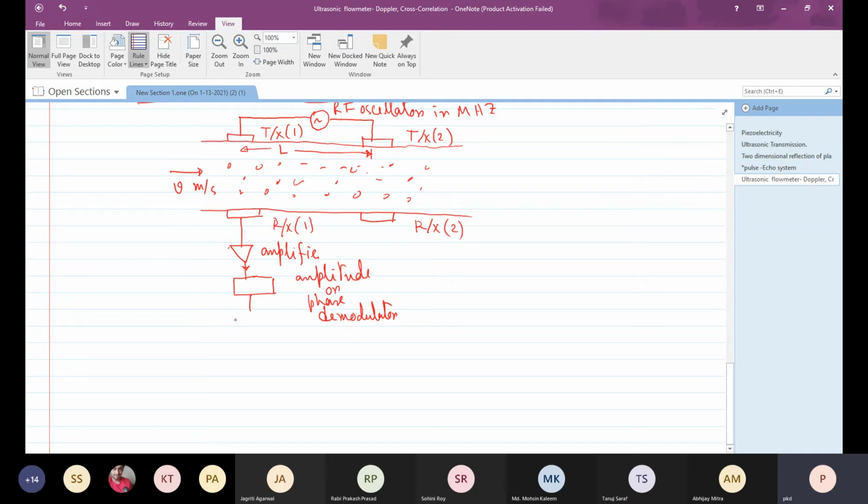So using a lock-in amplifier, we can measure very small amplitudes and also the phase.